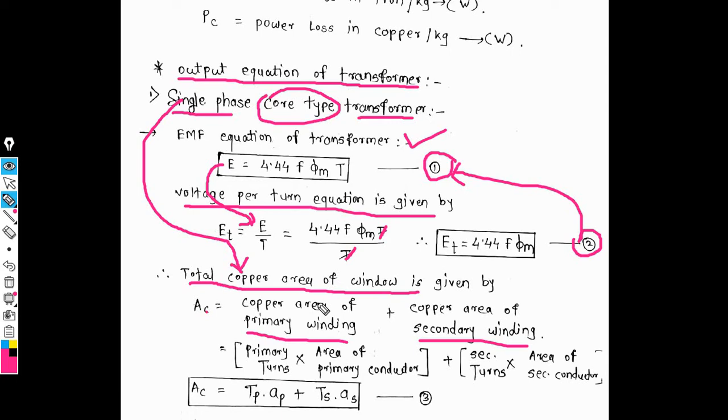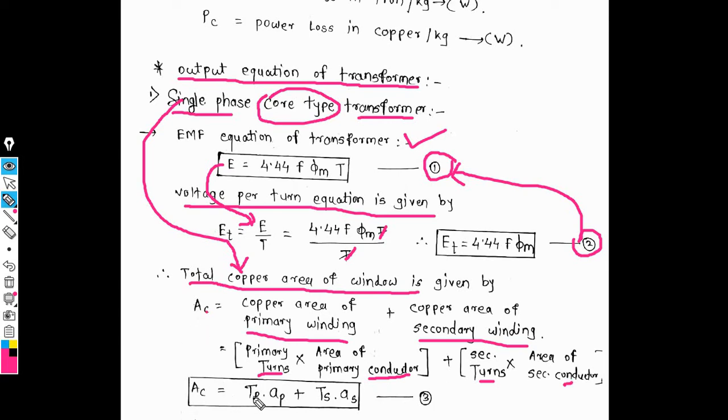But the winding consists of a number of turns and the area of the conductor. So the copper area of the primary winding is the number of primary turns into the area of the primary conductor, and similarly for the secondary winding, secondary turns into the secondary conductor.